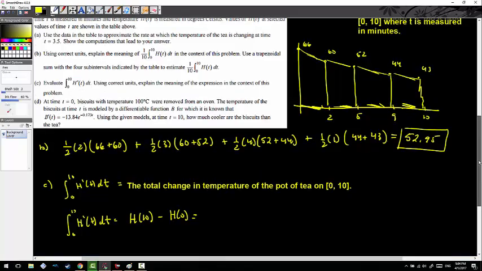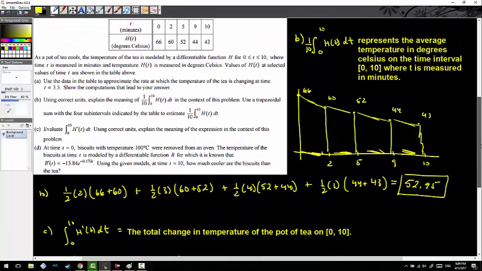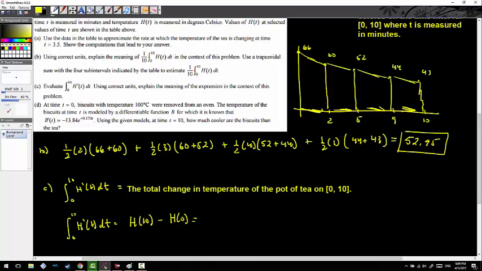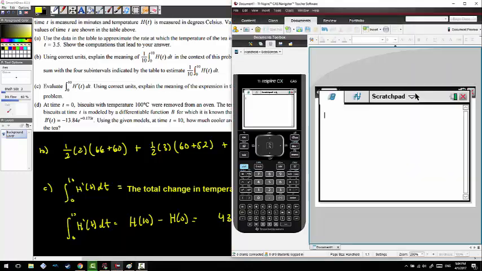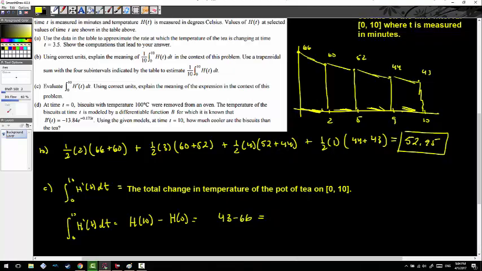I think we do. 43 minus 66? And that equals either 43 minus 66, or you can just punch in your calculator. Negative 23, which means the biscuits changed 23 degrees.